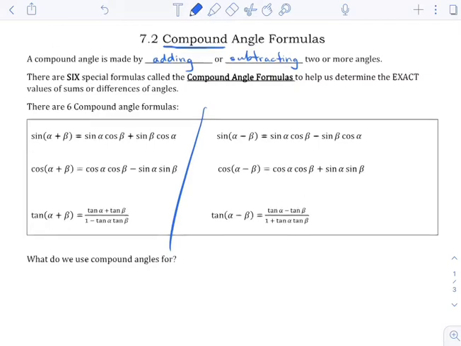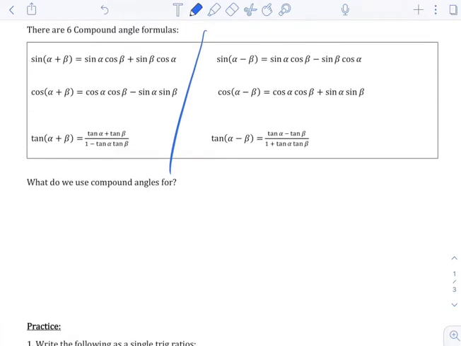So the idea is, why do we have these compound angles? What's the point? Well, right now we know how to find exact values for pi over 6, pi over 4, and pi over 3. So what angles are those? Well, we know how to find exact values of 30 degrees, 45 degrees, and 60 degrees. We also know how to find out exact values for these when they appear in other quadrants.